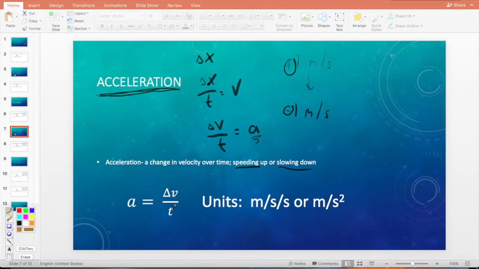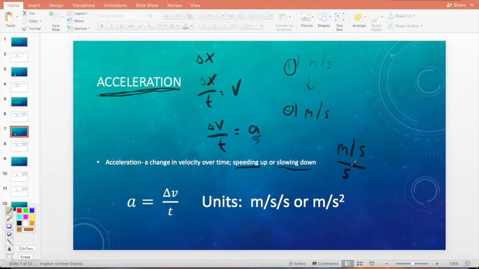So it's the change in velocity over time. And I want you to think about this. What units are we going to use to measure this? Well, the unit of velocity was measured in meters per second. That was on top. And now we're putting that over another unit of time. So notice we have two time units, meters per second per second.